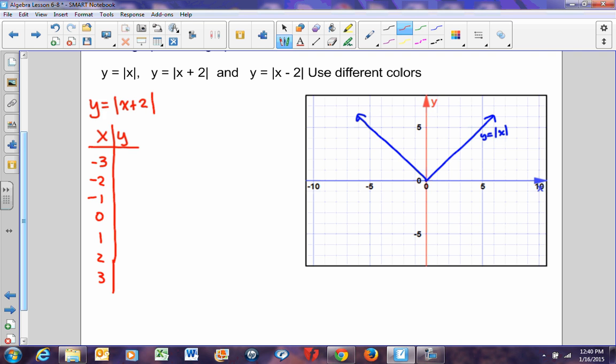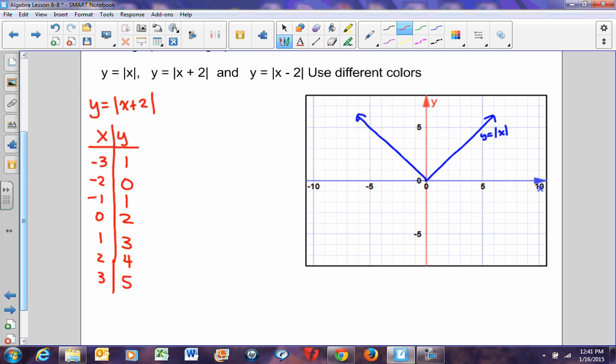So -3 plus 2 is -1, the absolute value of -1 is positive 1. -2 plus 2 is 0, the absolute value of 0 is 0. -1 plus 2 is 1, the absolute value of 1 is 1. 0 plus 2 is 2, the absolute value of 2 is 2. 1 plus 2 is 3, the absolute value of 3 is 3. 2 plus 2 is 4, absolute value of 4 is 4. 3 plus 2 is 5, and the absolute value of 5 is 5.